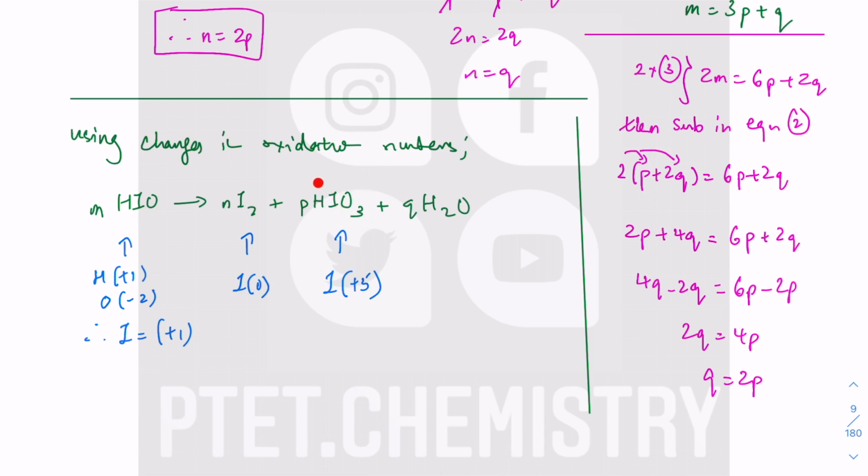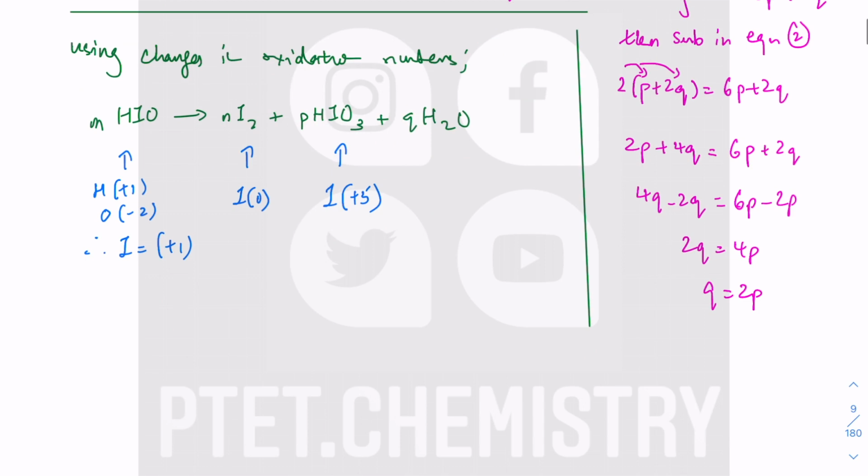This is +1. +1 plus iodine -6 equal to 0. So the iodine is +5. Alright, so we're going to look at the changes in oxidation number for the iodine. The iodine goes from +1 to 0, there is a -1. The iodine goes from +1 to +5, that is a +4.